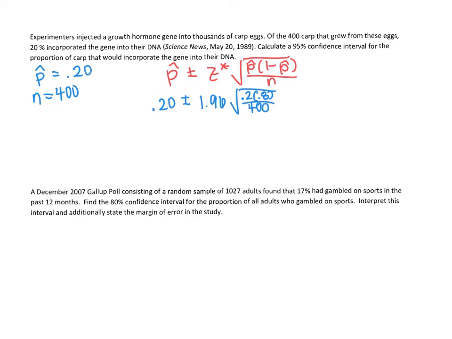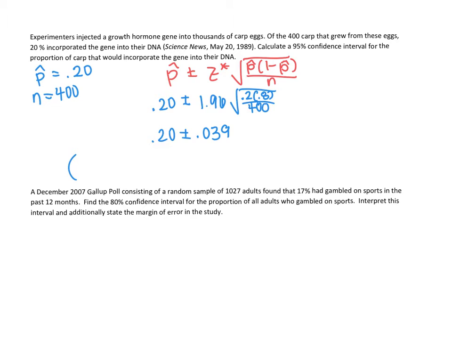So in the calculator, we'll do 1.96 times the square root of 0.2 times 0.8 all over 400. And we're going to get 0.20 plus or minus 0.039.